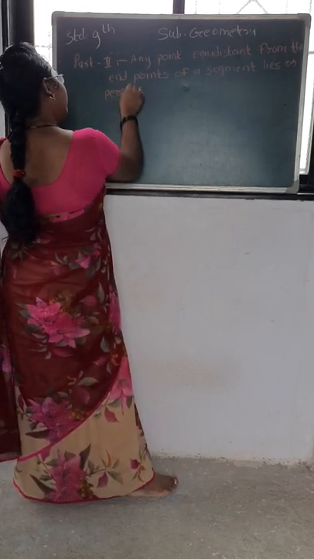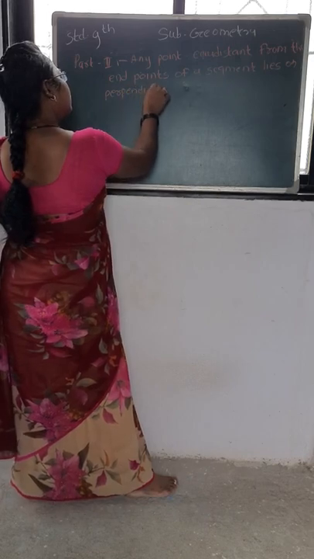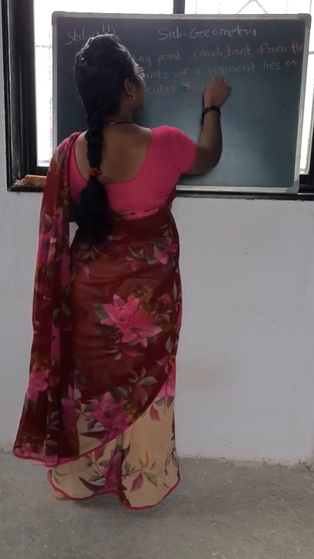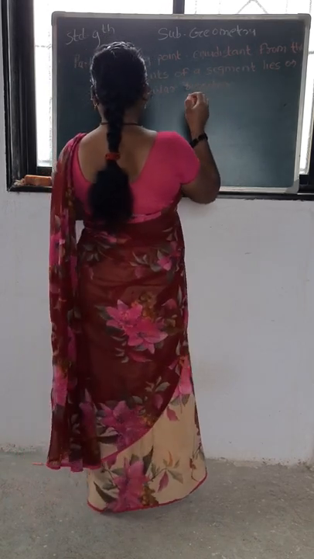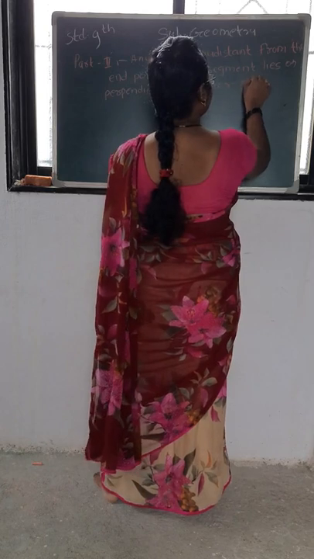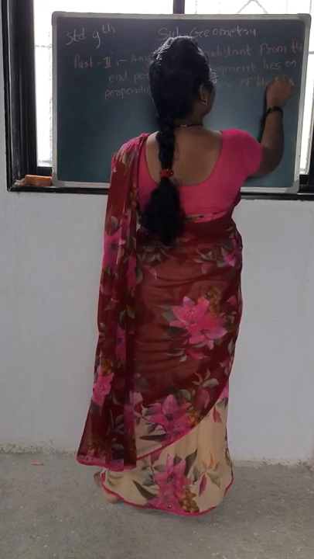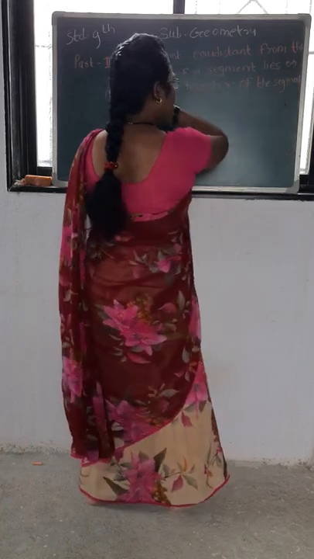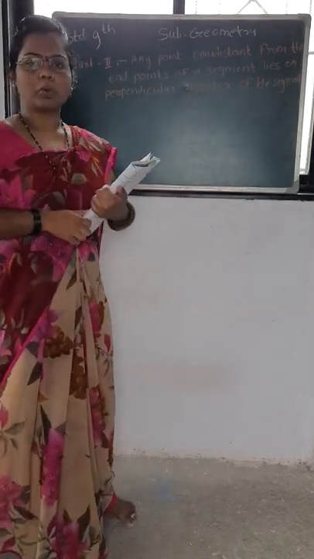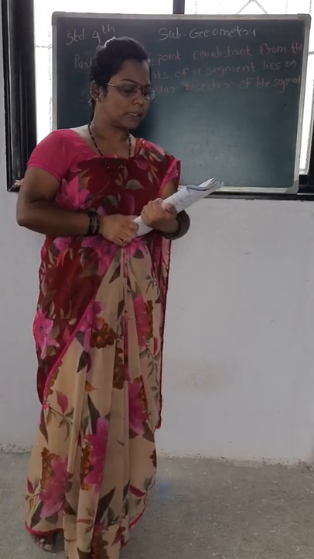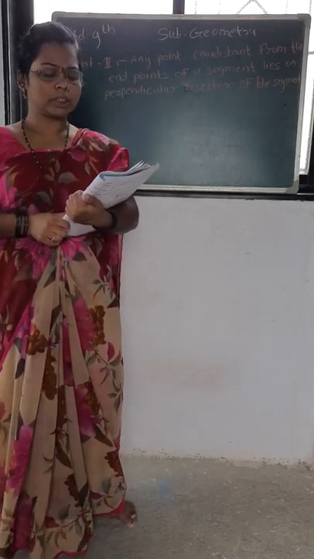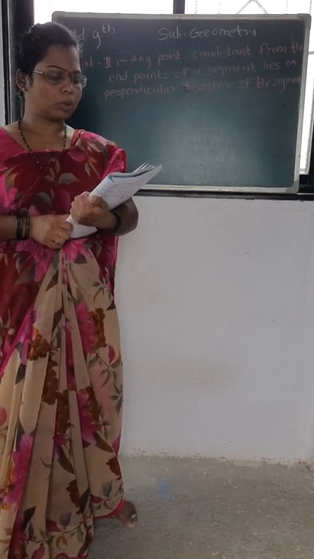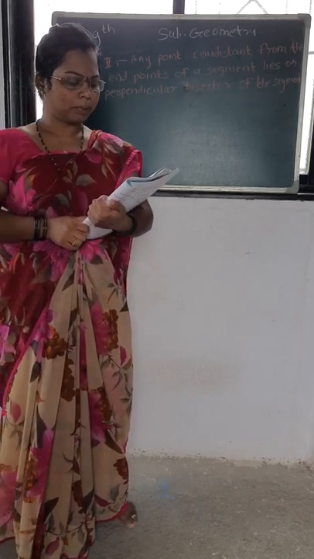Statement of part second: any point equidistant from the endpoints of a segment lies on the perpendicular bisector of the segment.